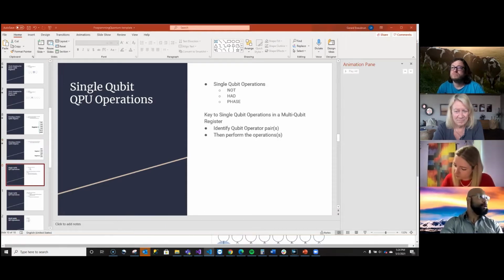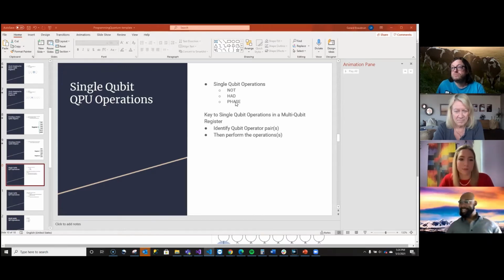For that, I also created a couple of simple code for us. So first, let's talk about the single qubit operations. We have not, had, and phase.